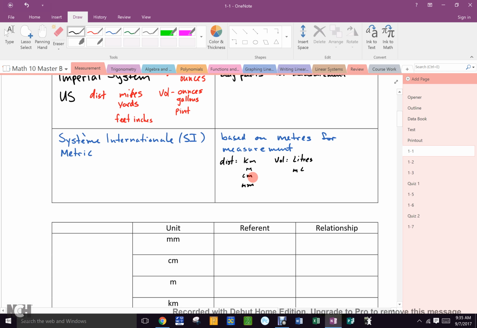How big would it be? If we have liters and milliliters, and we have meters and centimeters, how big is a centimeter compared to a meter? What fraction? 1/100th. So what would a centiliter be?